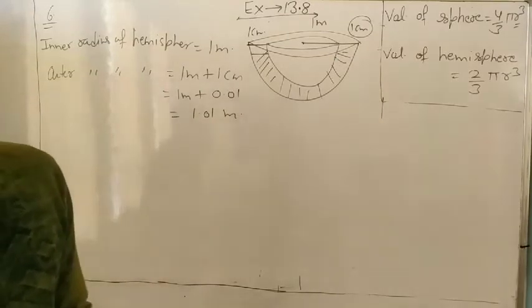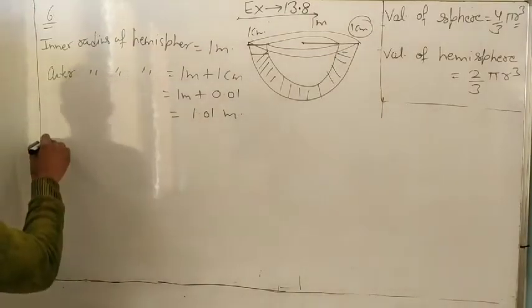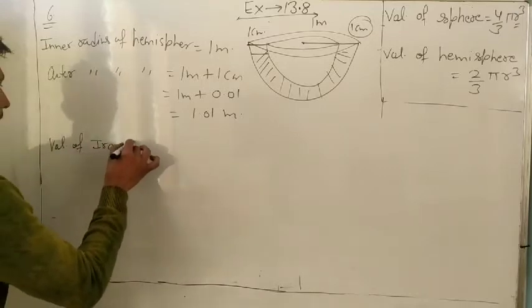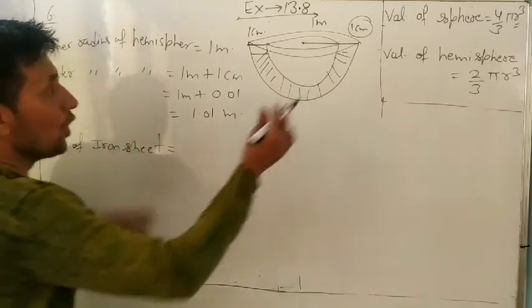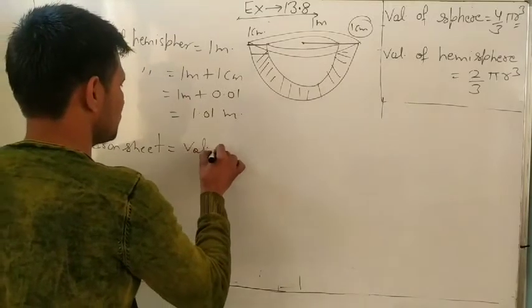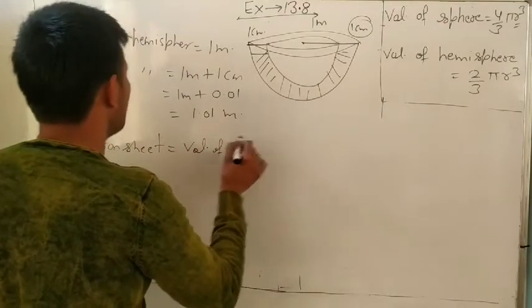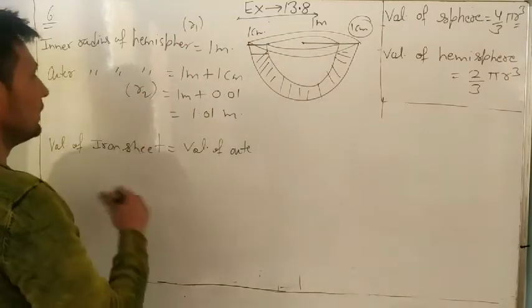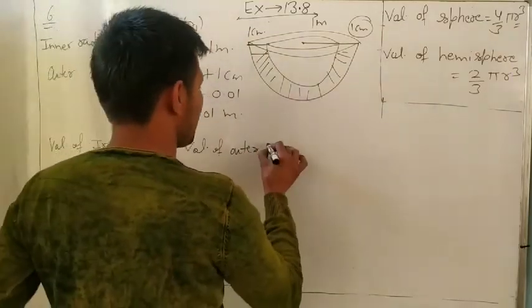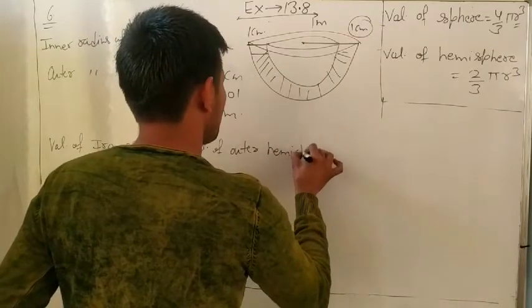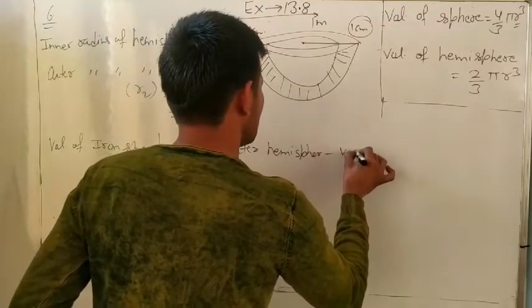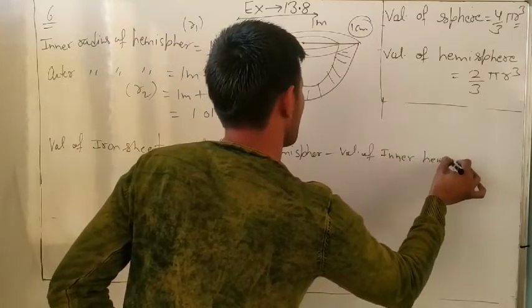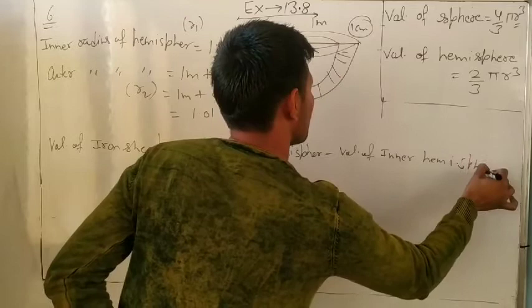Now we want to find the volume of the iron sheet. You can write R1 and R2. Volume of the outer hemisphere minus volume of the inner hemisphere.